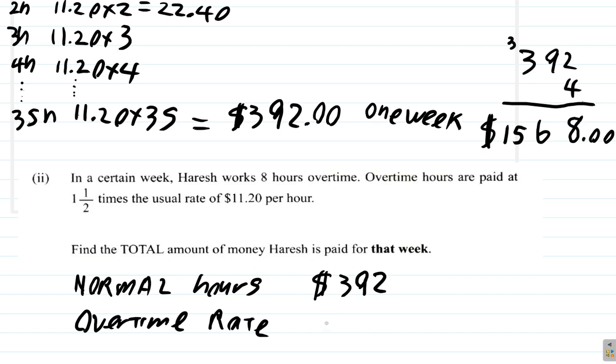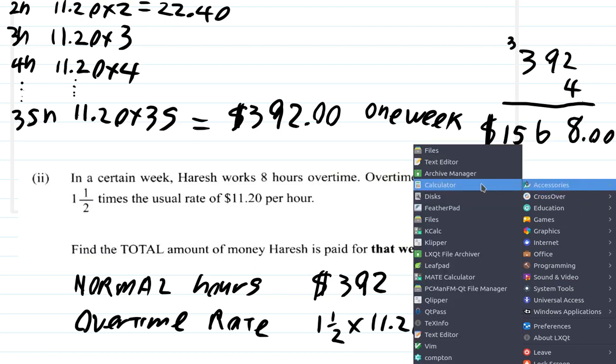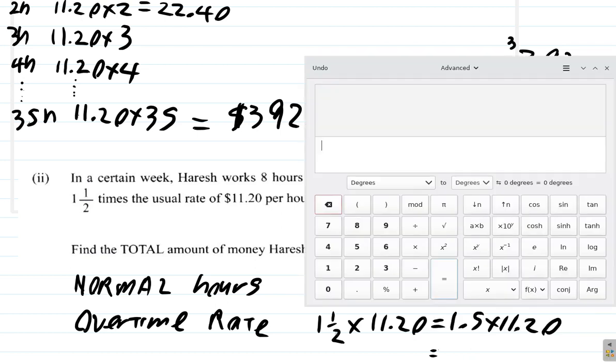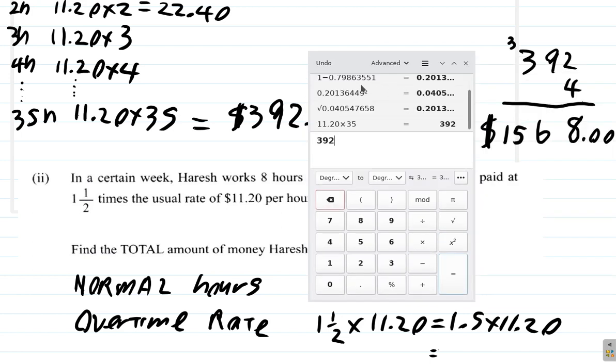So here, 1.5 multiplied by $11.20. Now remember, this is the overtime rate, not the amount of money actually made overtime, just the overtime rate, the per hour.